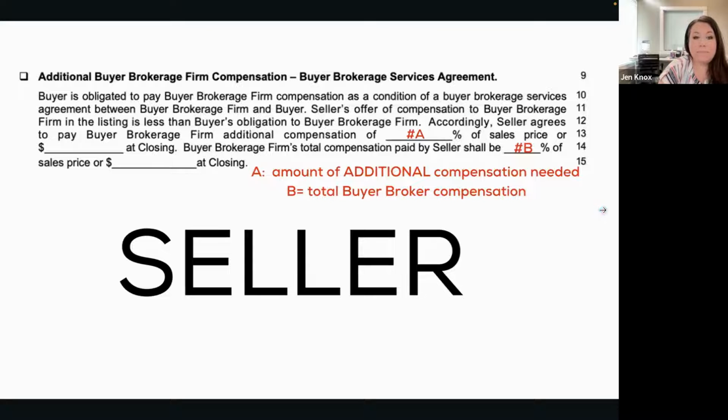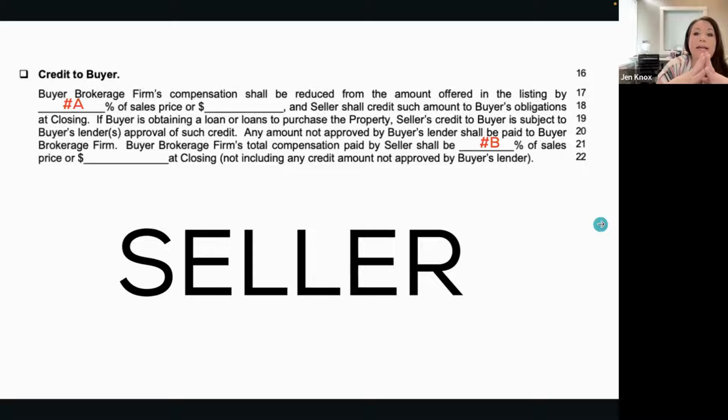Any additional compensation that the seller offers to the buyer broker is still a seller paid form. If there is a credit to the buyer, that means that something's being offered to the buyer's agent on behalf of the seller. So that will also show up on the seller form.